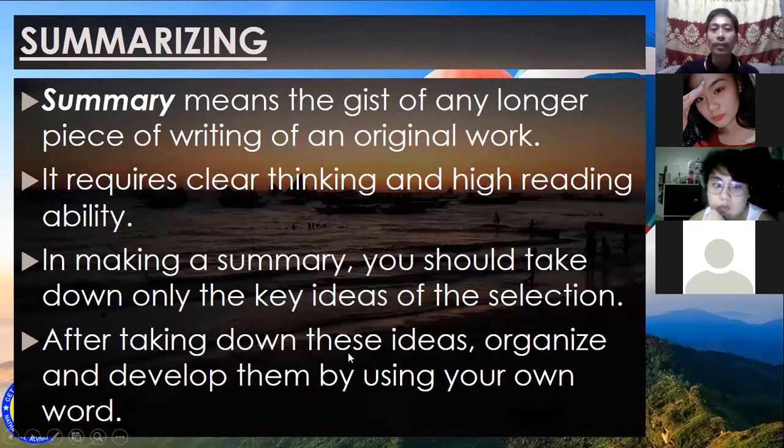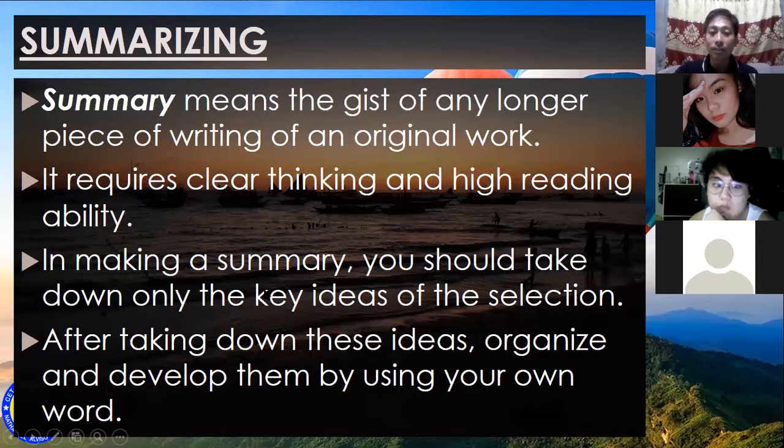Now we also have summarizing. Sometimes we summarize after we get the gist of the original idea that the author intends to say, and it requires you to have clear thinking. When you're reading, do not preoccupy yourself with other thoughts, like the thought of your high school crush, because you cannot focus on what the author is writing.